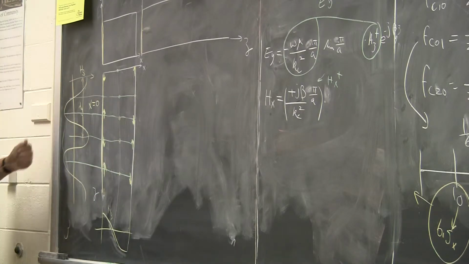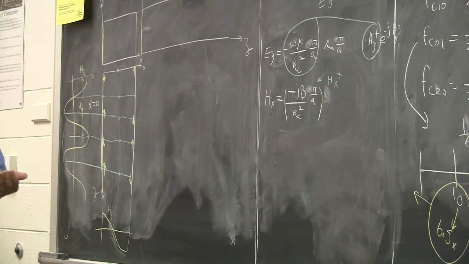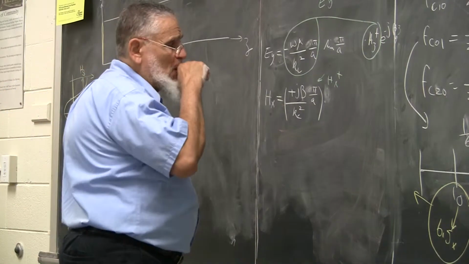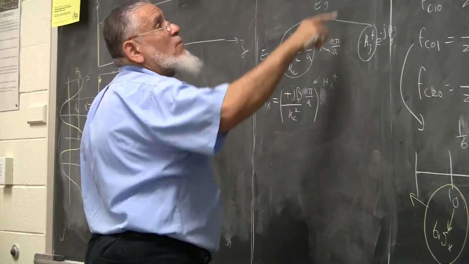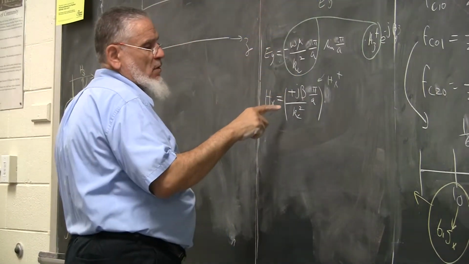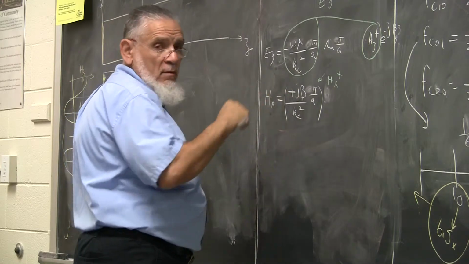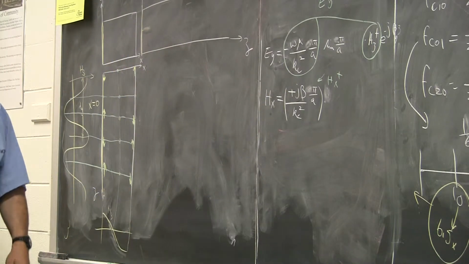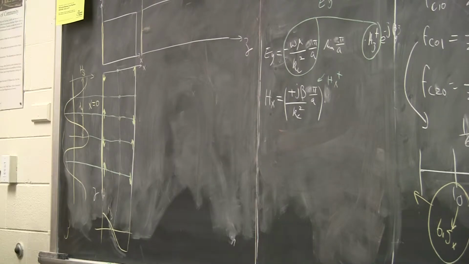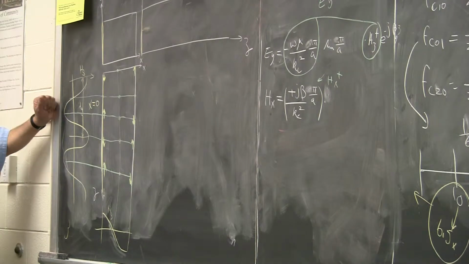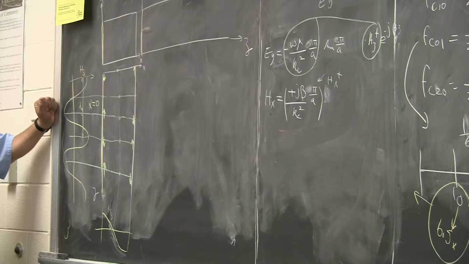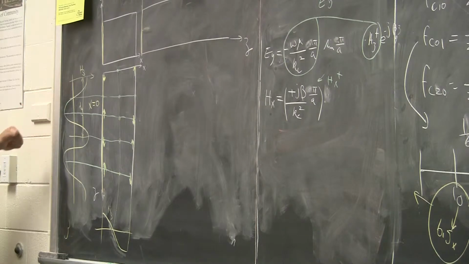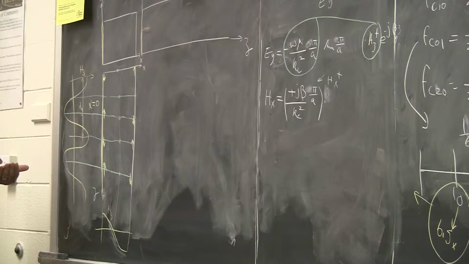Okay? Now let's do h sub x. H sub x will have the same thing as h sub z times a j something. Times a j something, that means we are off by 90 degrees. So the h sub x, which I'm going to use, well, what can I use?